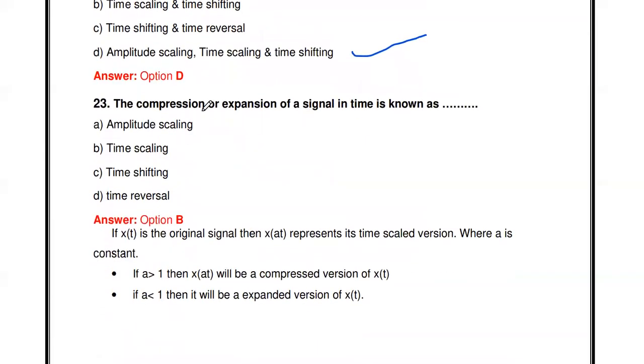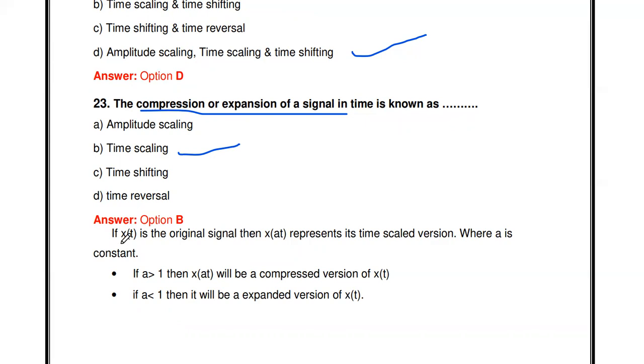Then the next one: the compression or expansion of the signal in time is known as dash. In which operation on the signal will we get the compressed or expanded signal in time? Either amplitude scaling, time shifting, or time reversal. In time scaling, the signal gets either compressed or expanded.